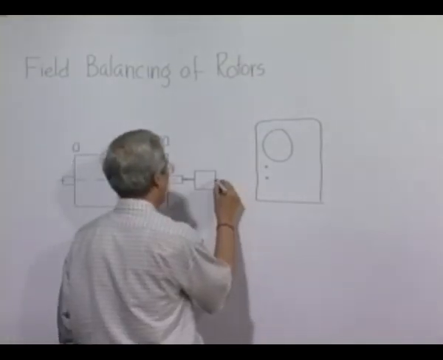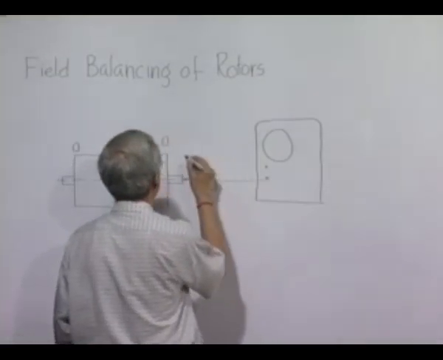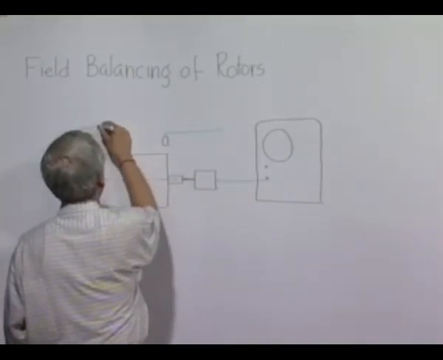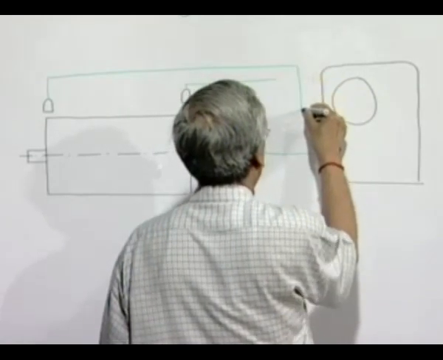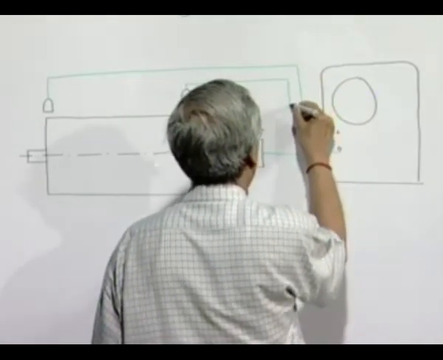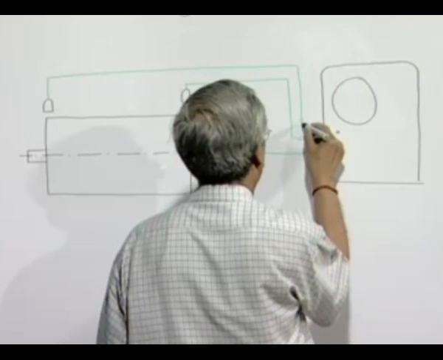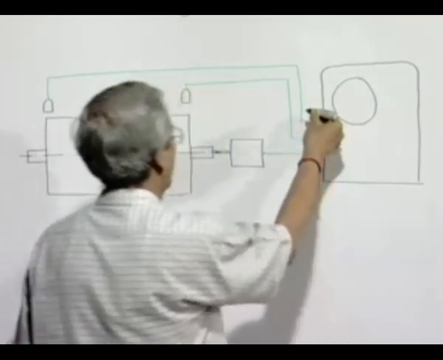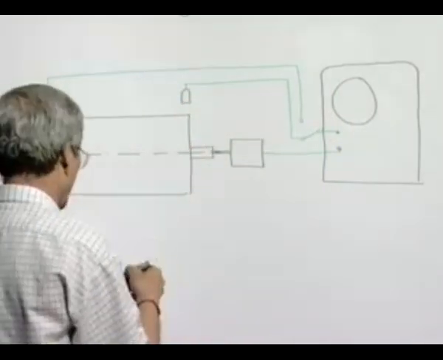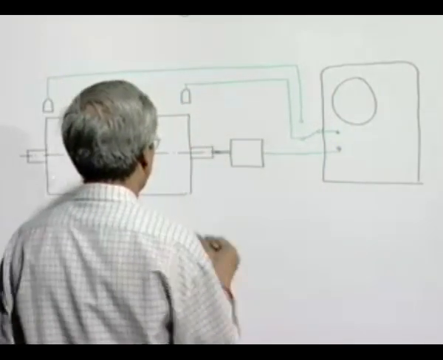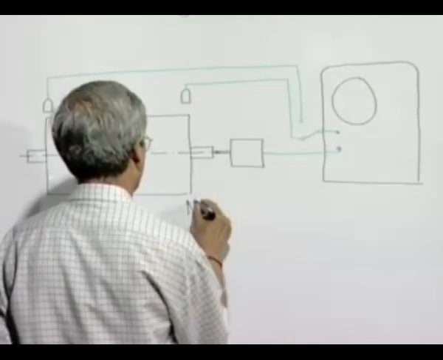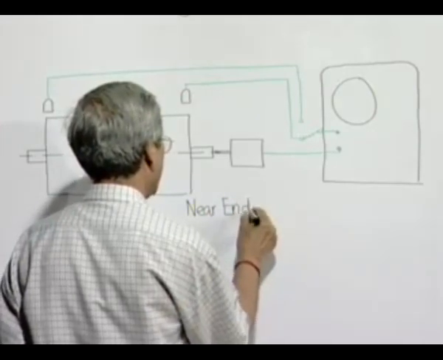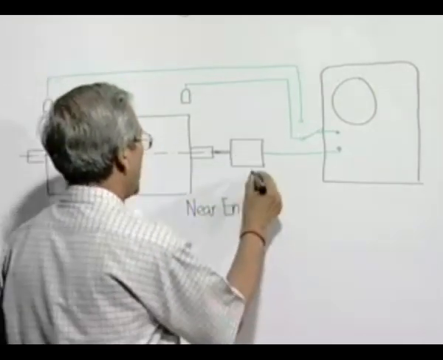So, the sine wave generator is connected to one, and the vibration pickups are either connected to this pickup, which we call the near end pickup, near end in the sense that it is nearer to the sine wave generator.